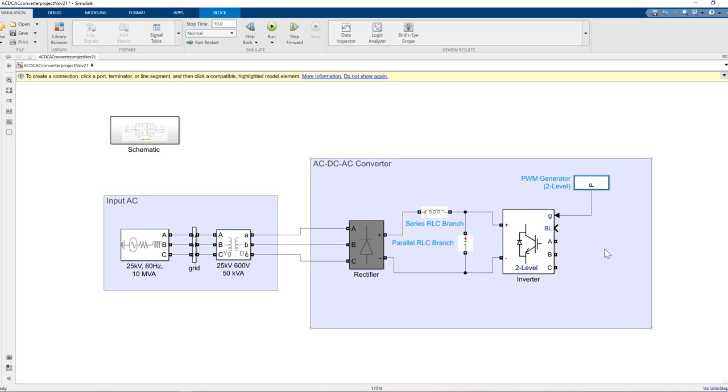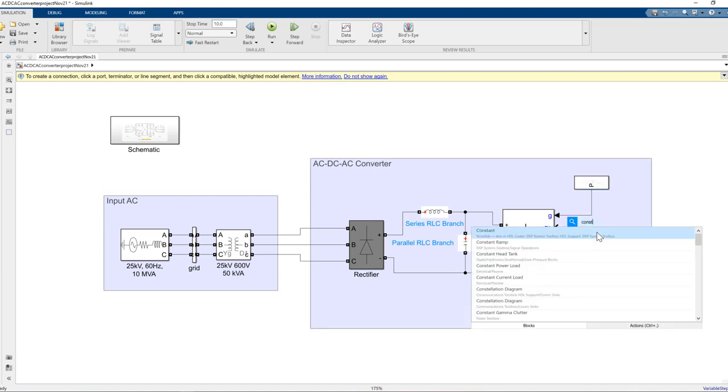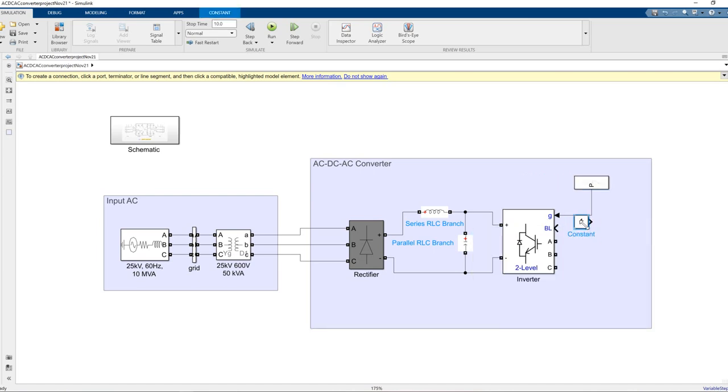But this one we choose open loop first, and this one you can choose the constant 0.